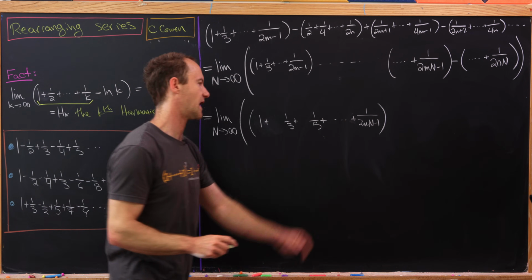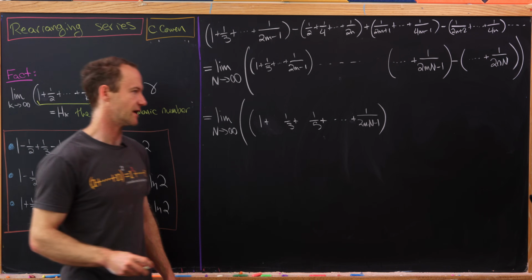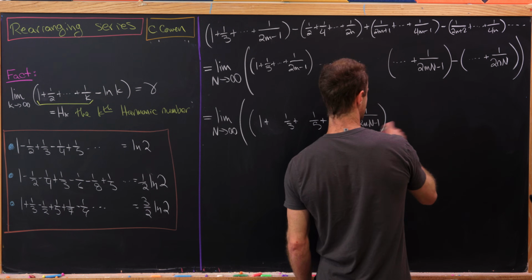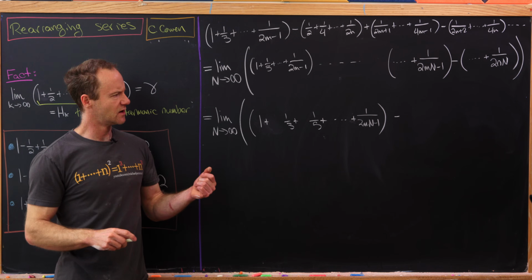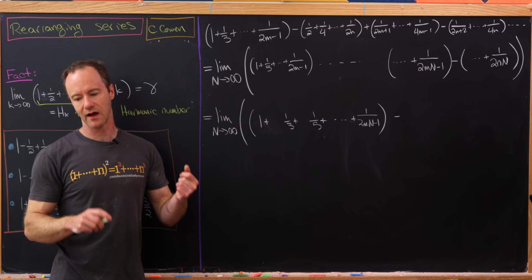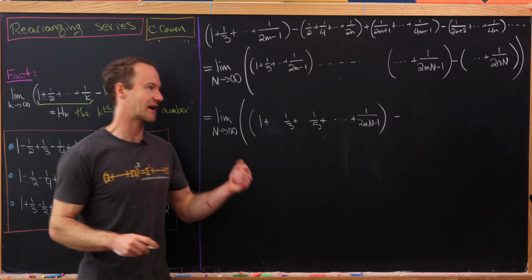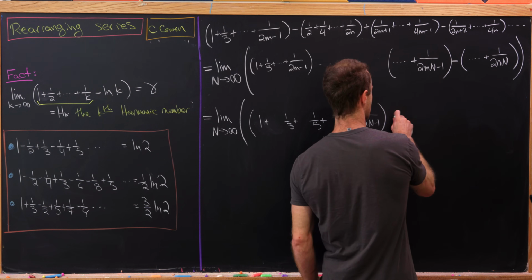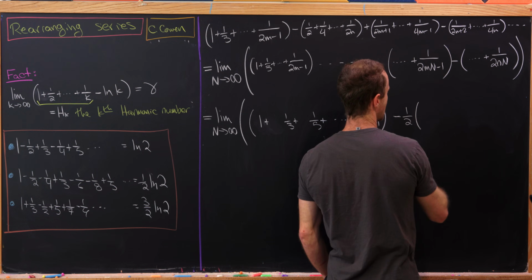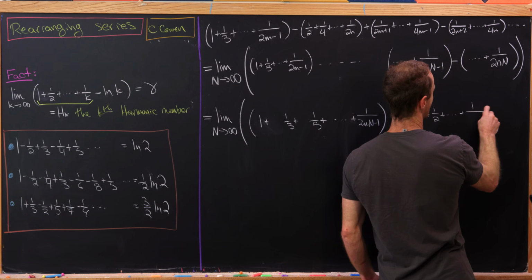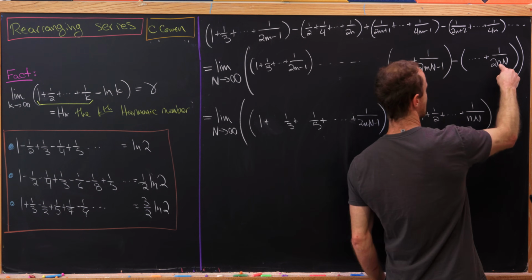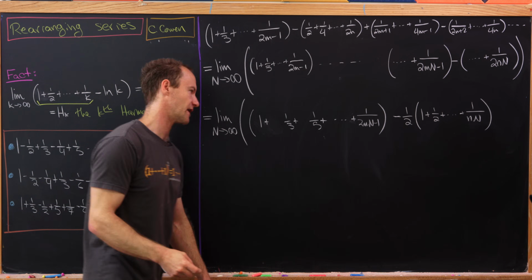So those are all my positive terms. So notice they've got odd denominator. And now let's subtract off all of my negative terms, which have even denominator. But since they have even denominator, I'm going to take advantage of that to factor a half out. So that'll be minus 1/2, and then we'll have 1 plus a half plus ending at 1 over little n times capital N. That would be that term right there.